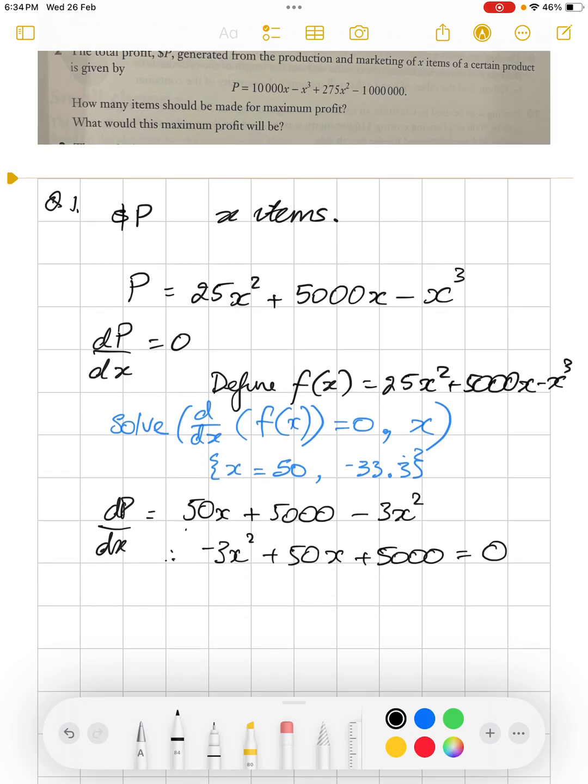And solving this, we want two numbers that multiply to give AC, which is negative 15,000, and they add to give B, which is 50.